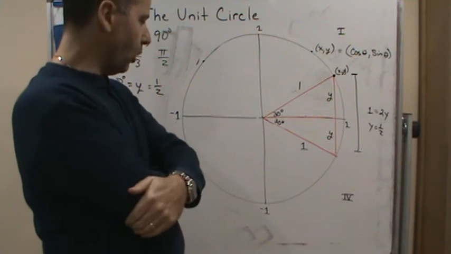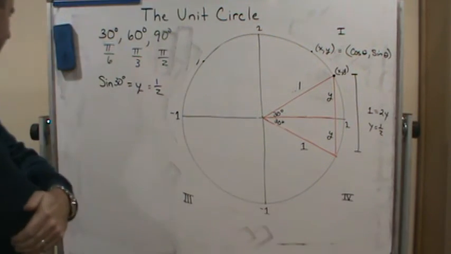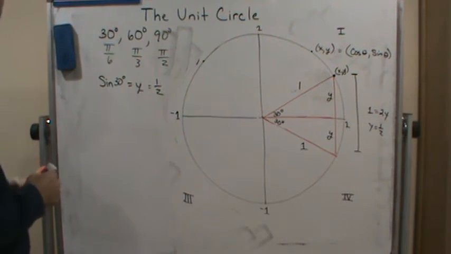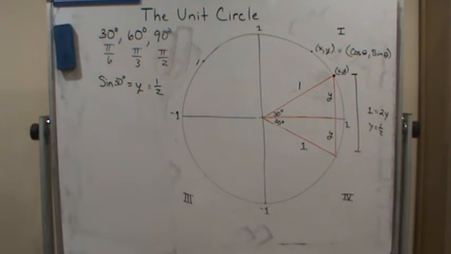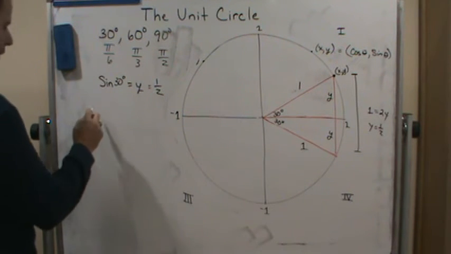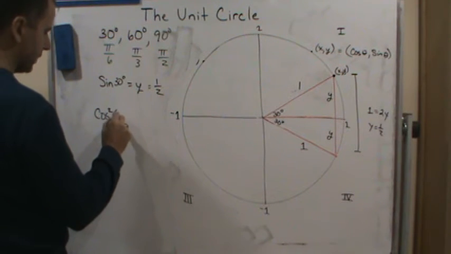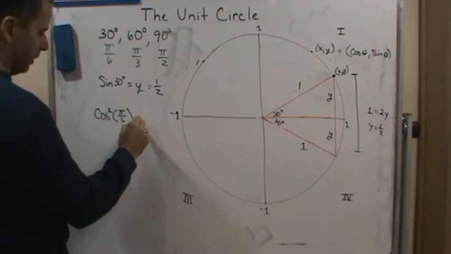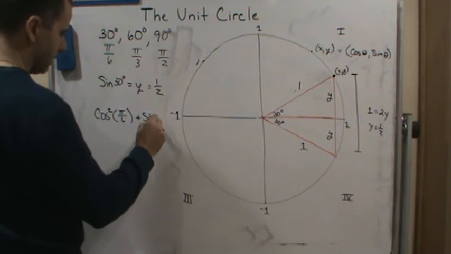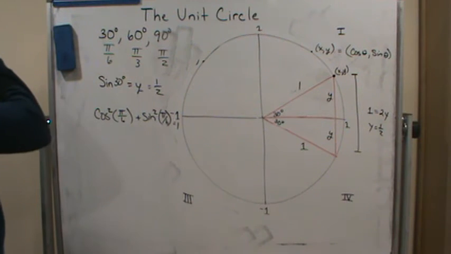Well, what about cosine of 30 degrees? In this case, we're going to have to use the Pythagorean identity. And so we know that cosine squared pi over 6, let's just use pi over 6, you could use 30 degrees, plus sine squared pi over 6 is equal to 1.